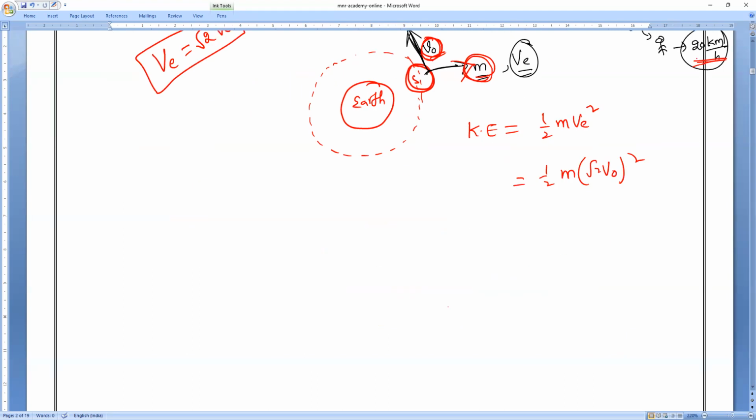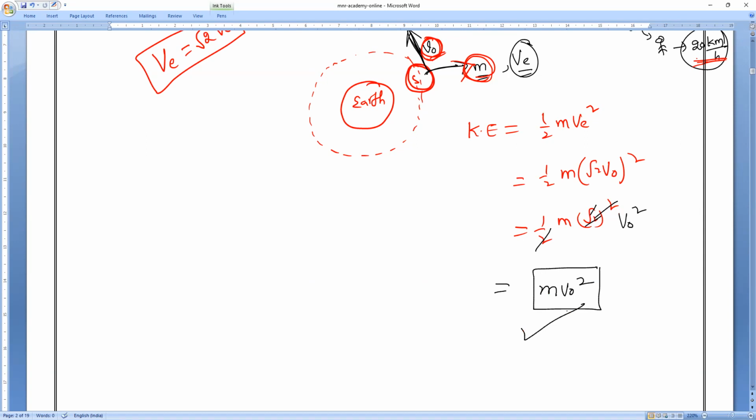So half into mass into root 2 whole square, which is 2, into v naught square. The 2 will get cancelled. So the answer is m v naught square.